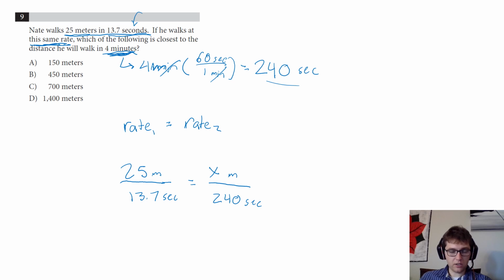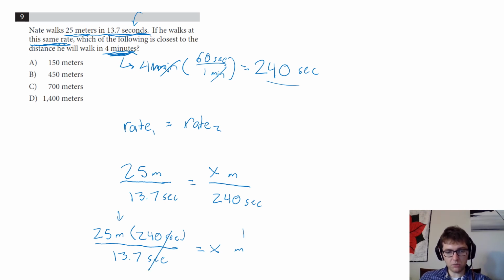So writing this out, multiply both sides by 240. So we have 25 meters times 240 seconds divided by 13.7 seconds is equal to x meters. And you can check first that your units work out. The units of seconds will cancel. The units of meters remain. So you'll have meters is equal to meters. So go ahead and plug this into your calculator.